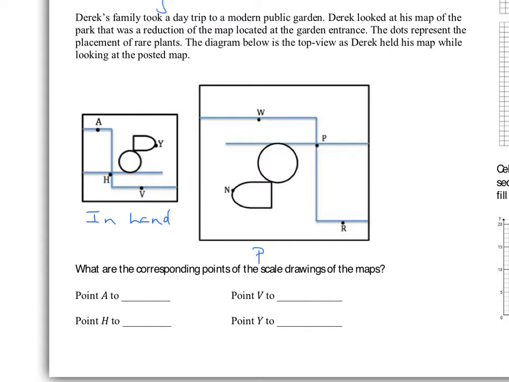This is our posted. In order to really determine whether something is a scale drawing of another thing, we need to be able to recognize corresponding points. So I look over here and it kind of looks like V corresponds to R. Take a moment, consider, are those actually corresponding points? Are those the same places in the garden?